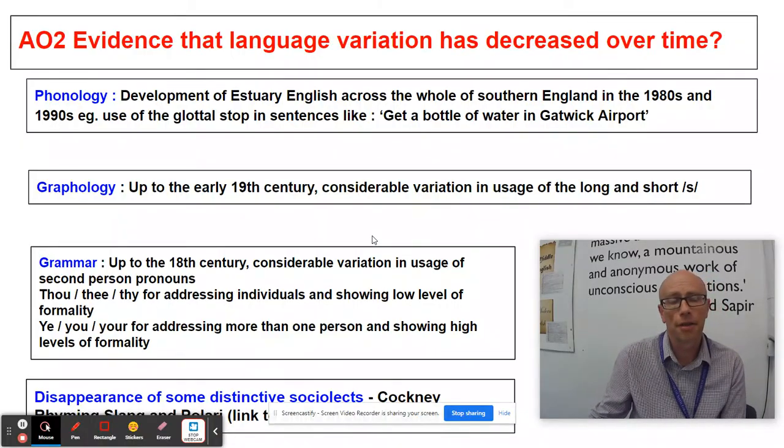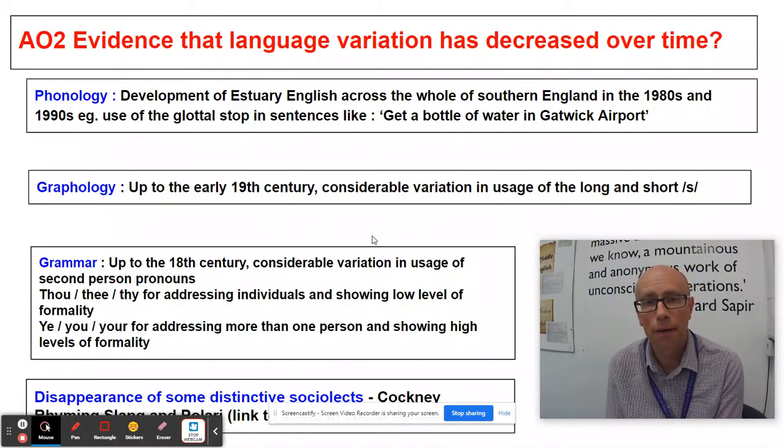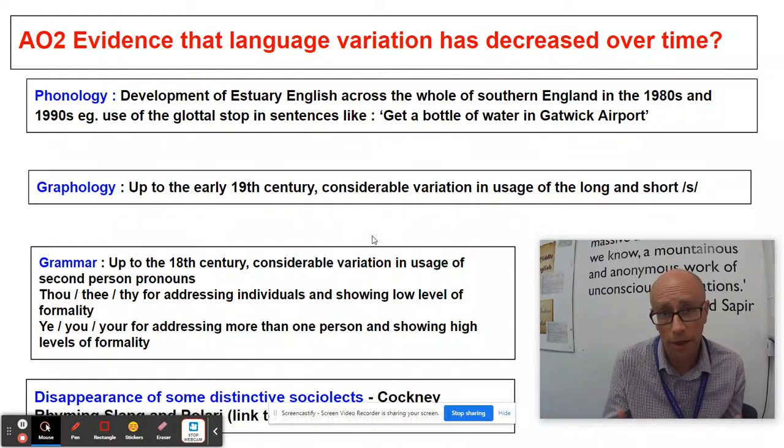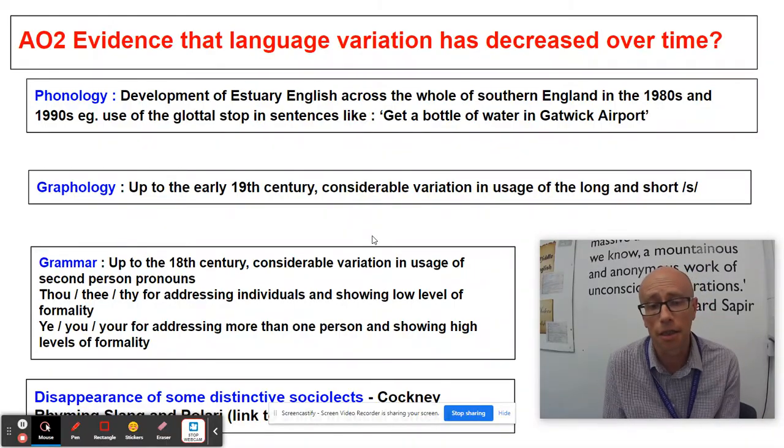You could also add to that the disappearance of some very distinctive sociolects. I'm thinking about things like Cockney rhyming slang and Polari, the homosexual language used by gay males, principally in the 1940s, 1950s and 1960s. So born out of a particular social context.